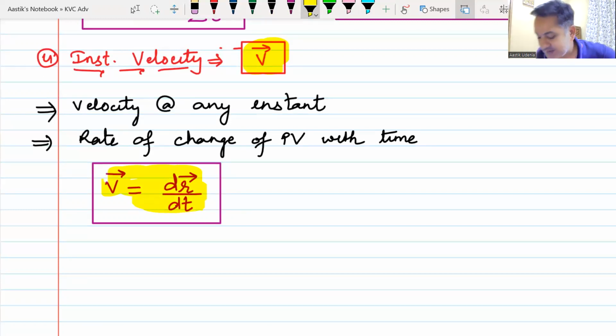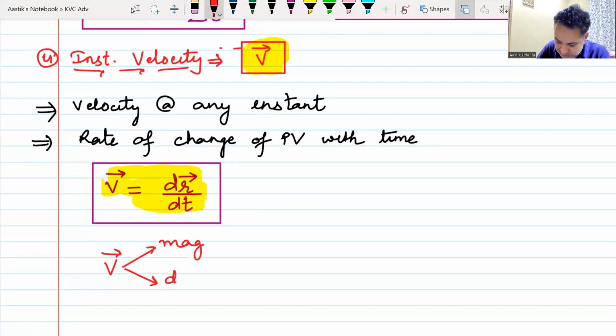dr vector by dt. Now one more thing you must understand here. If I talk about this instantaneous velocity v vector, it will have two things. It will have a magnitude and it will have a direction. Yes or no?